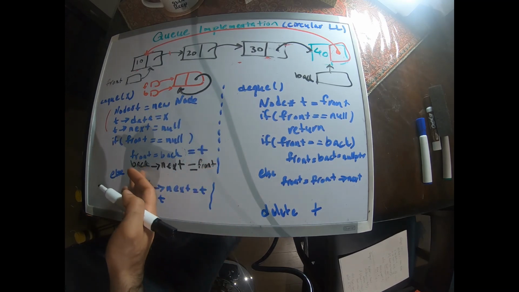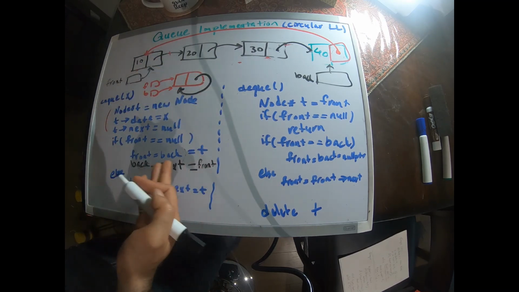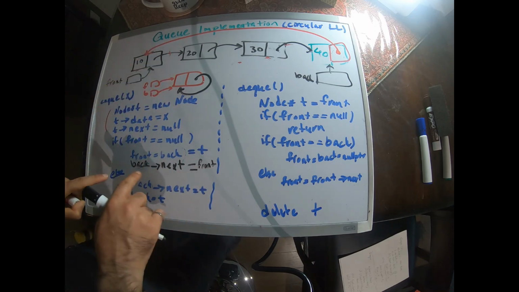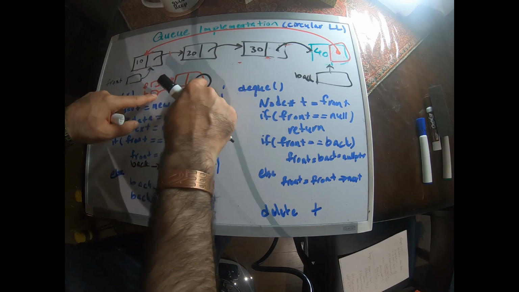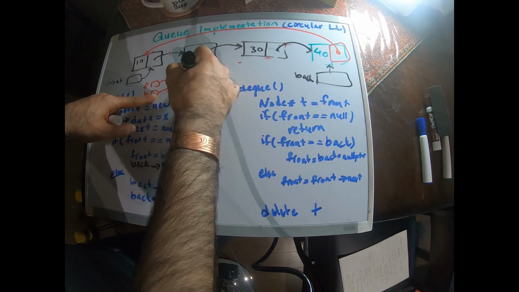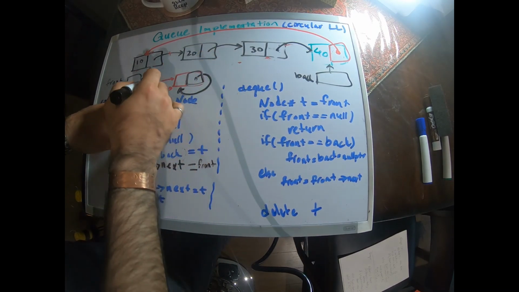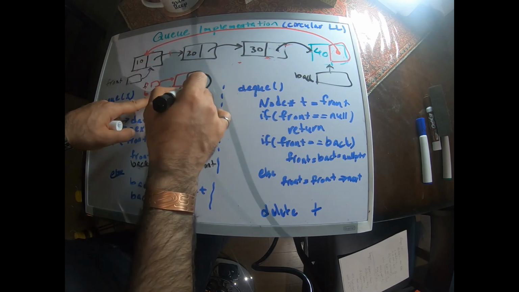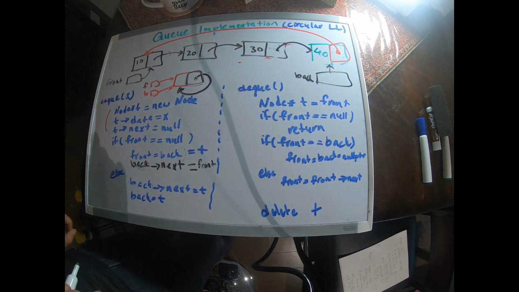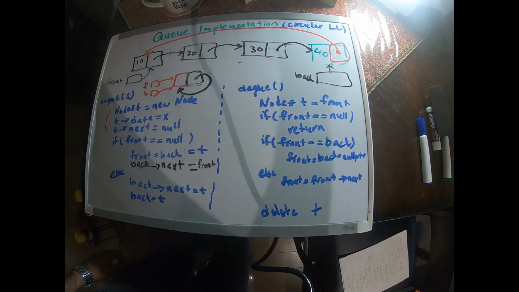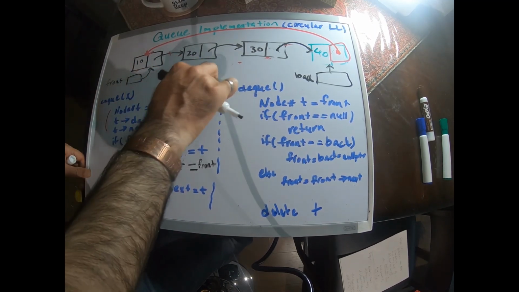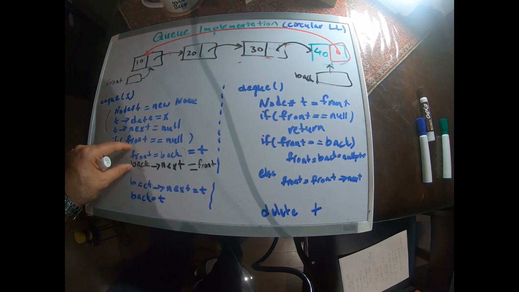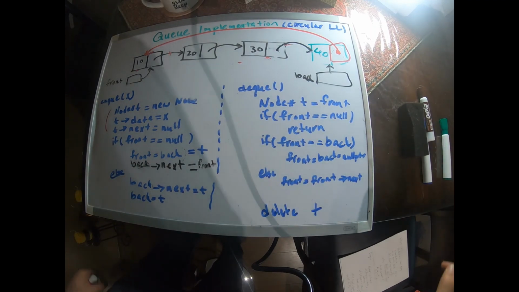Or I can actually say back, because both of them in this case are pointing to the same thing, but I want to keep it general, so I'm going to do it like this. So back arrow next, this pointer, is going to point to where this pointer is pointing to. So it's going to point to the same node. So that's what I need to add to this if block.